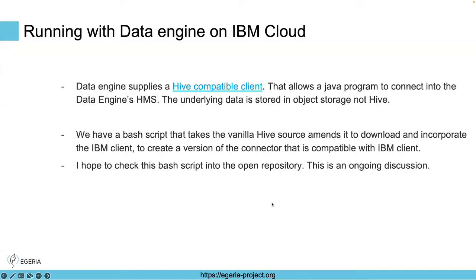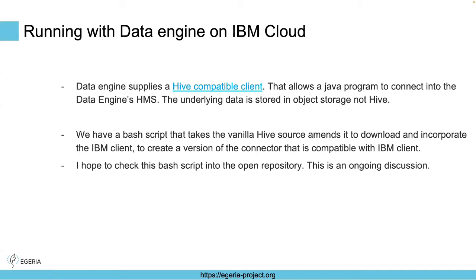And then just to say, how do you run with the data engine on IBM Cloud? Well, they supply a Hive Metastore compatible client as a jar file on the IBM website. So we need to bring that into our build instead of the native jar file.